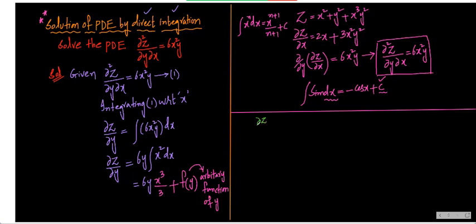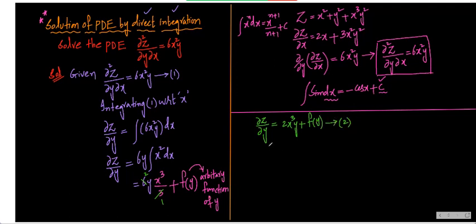Dou z by dou y is equal to, cancelling the 3 ones and the 3 twos, 2y x cube, that is 2x cube of y plus f of y is our answer. Call it equation number 2.